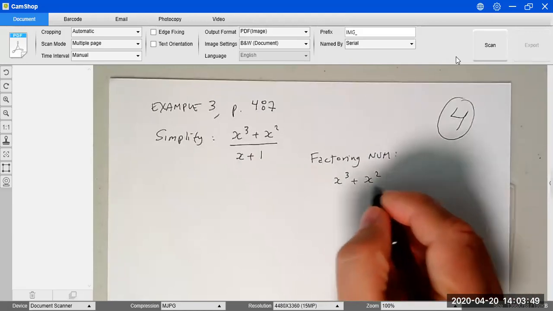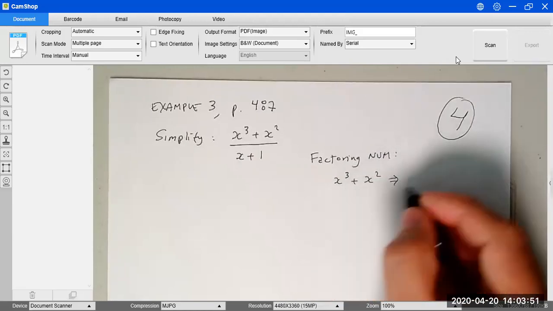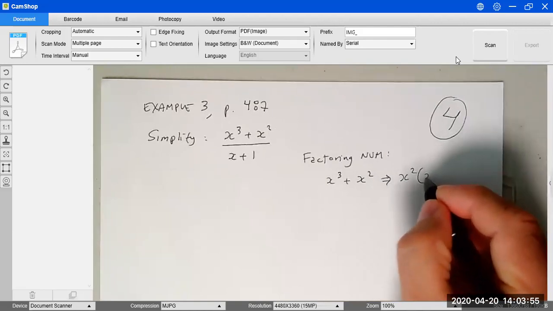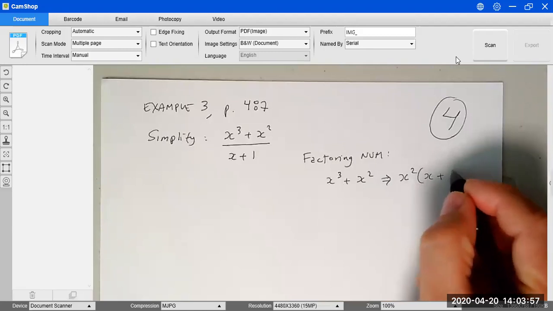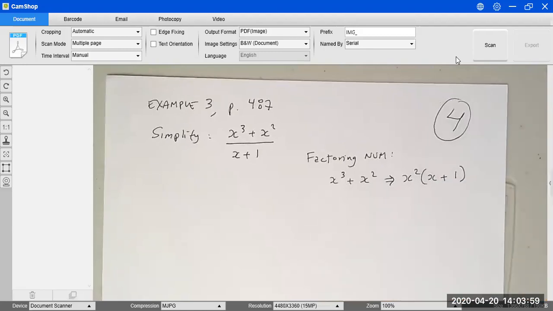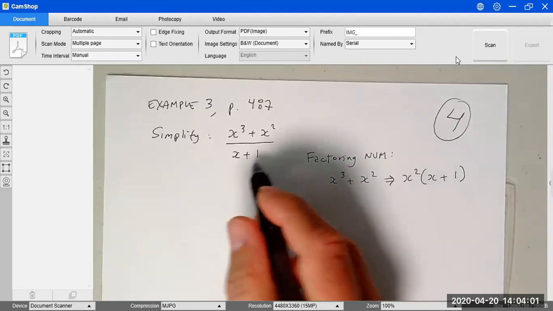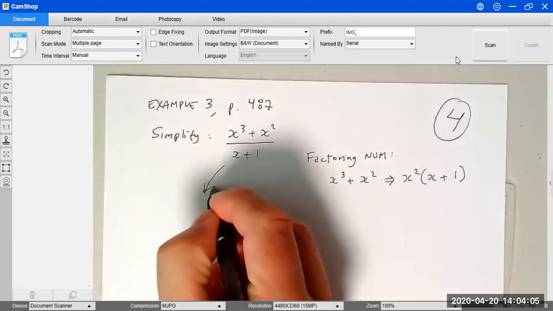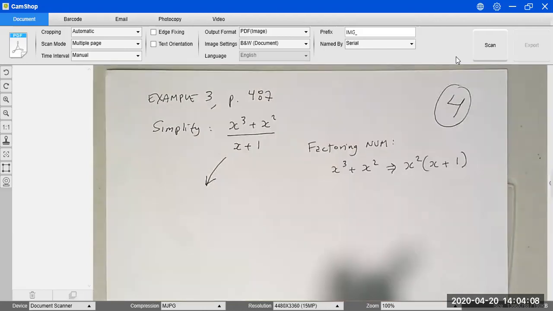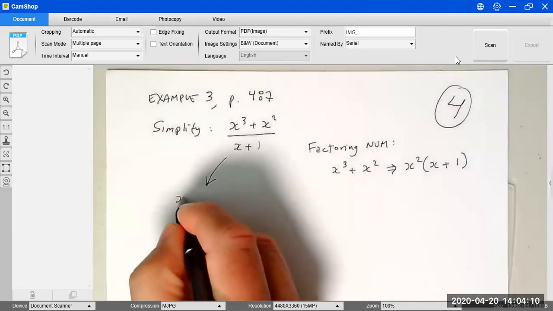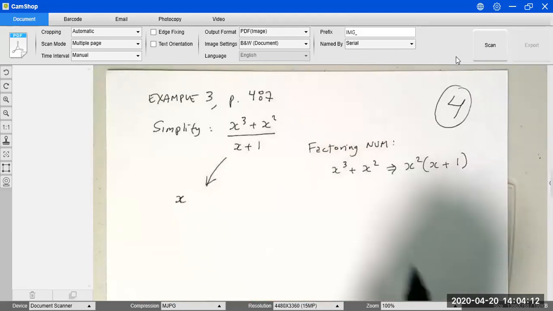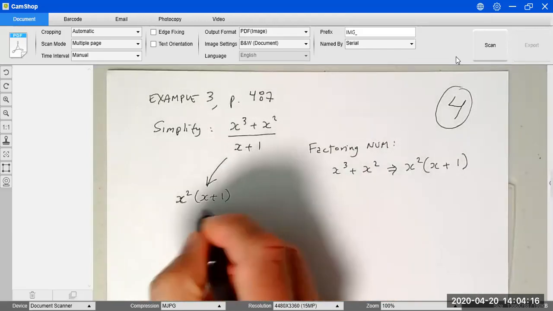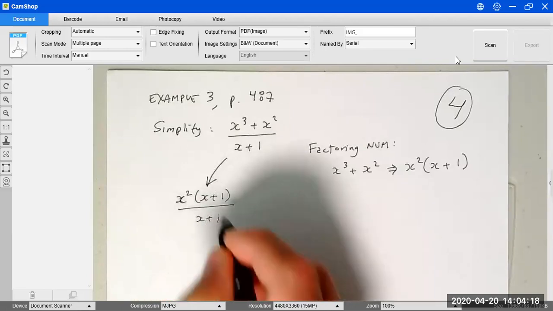The greatest common factor is going to be x squared that multiplies x plus 1. The denominator cannot be factored, so we're going to leave the denominator that way. Then you just rewrite your rational expression by using the factored forms. So in this case I have x squared that multiplies x plus 1 over x plus 1.